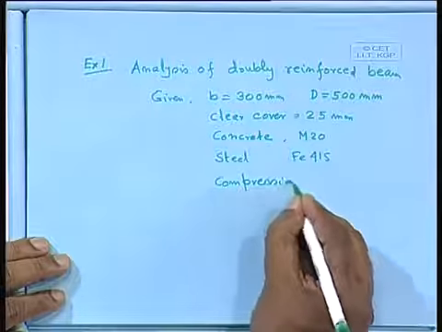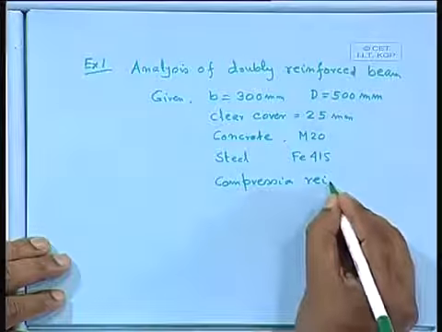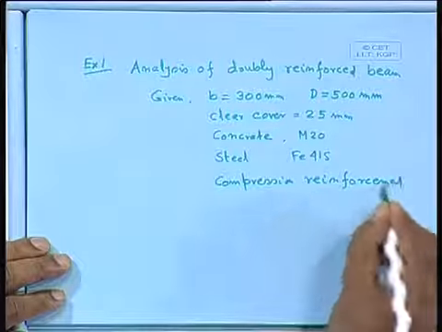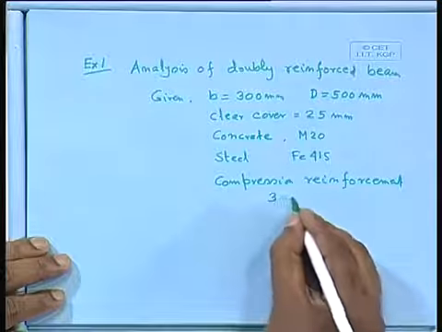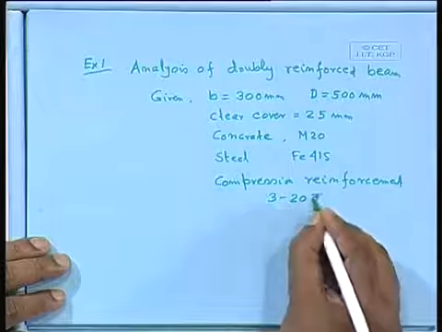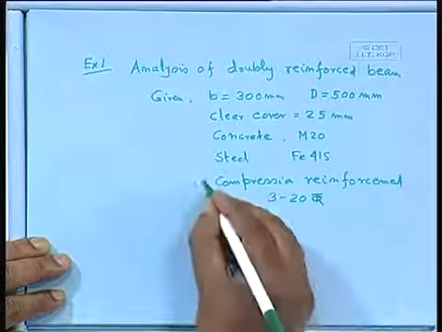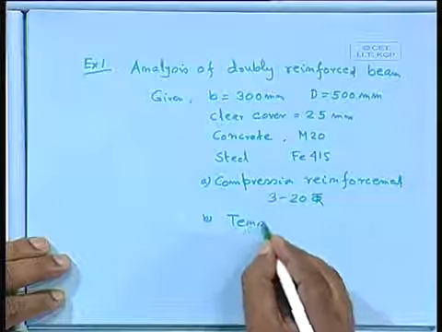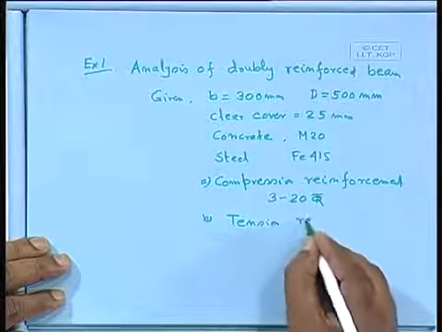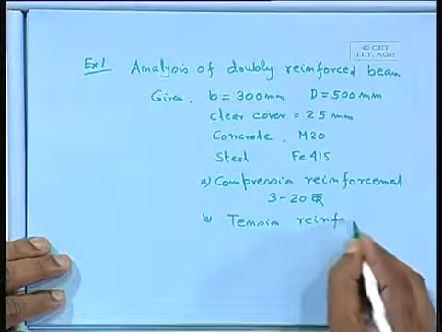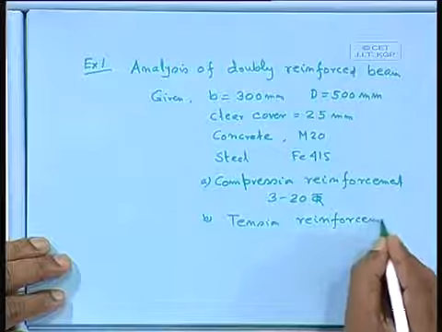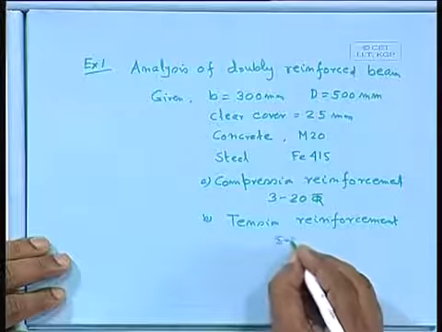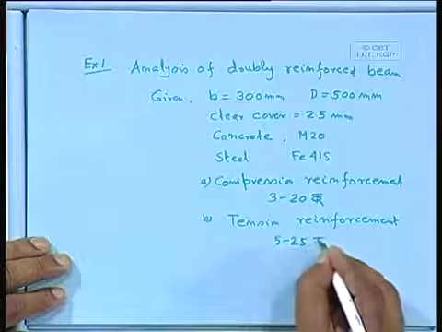Compression reinforcement 3 bars of 20 torr, tension reinforcement 5 bars of 25 torr.